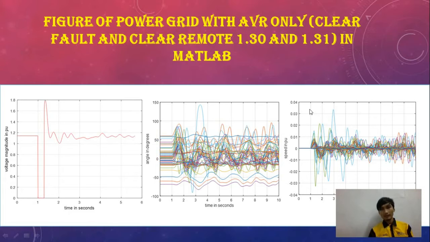And figure 2 shows the angles in degrees of generator versus time in seconds. It does not show the time trend of generator swing in unison. About figure 3, speed in PU of generator versus time in seconds, the generators are not balanced at all. The speed is just not balanced.